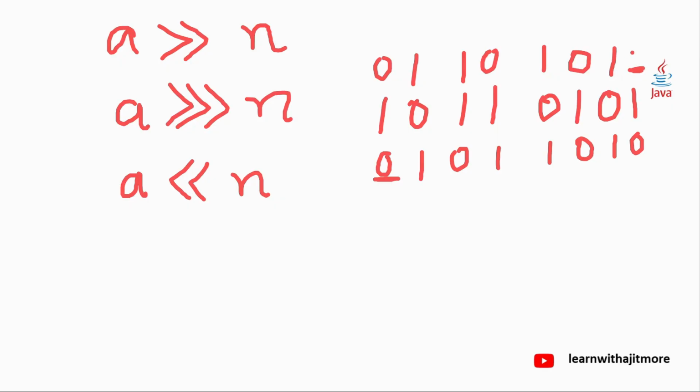Always zero. There is no question of the old bit or anything. So always zero comes in at the LSB. Okay, so both are clear.